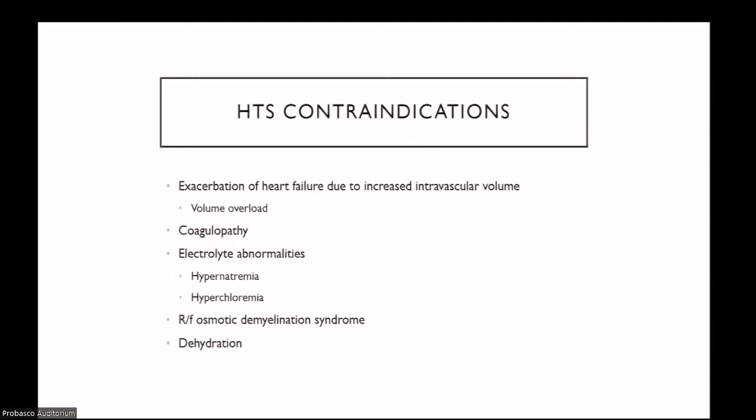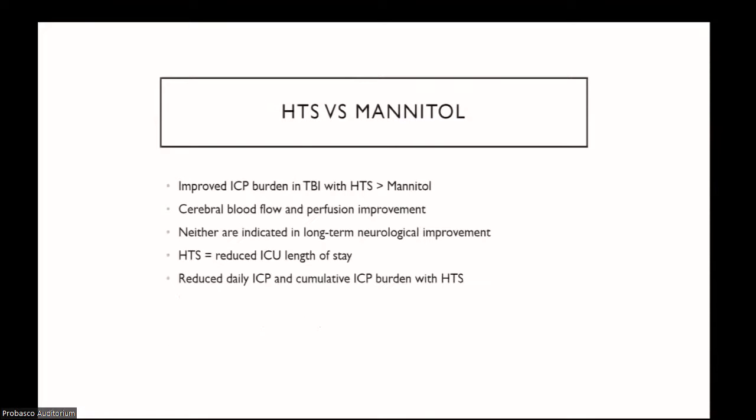And it's a tough call when to stop it, at least based on our current protocol, so as to avoid really profound hypernatremia. Ultimately, both of these therapies have been proven useful in cases of cerebral edema, especially with brain compression and increased ICP. But we can't really overlook the contraindications.